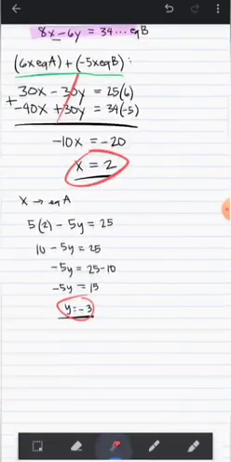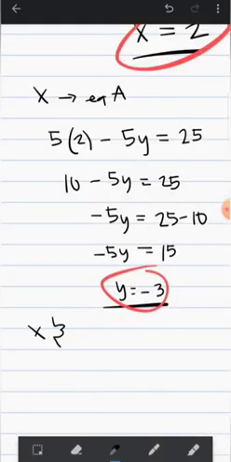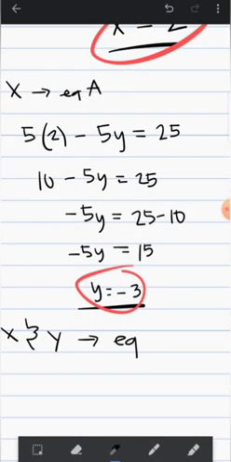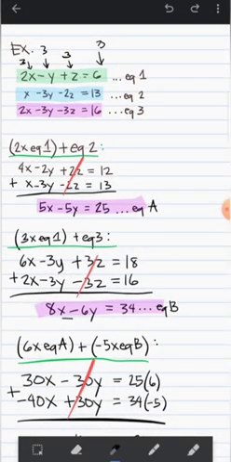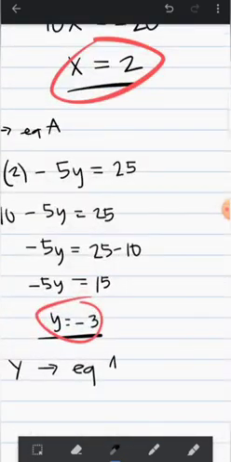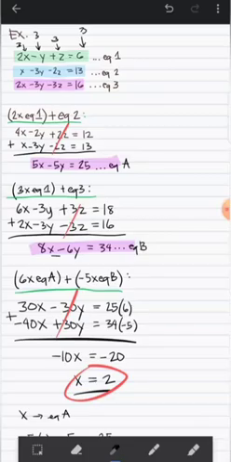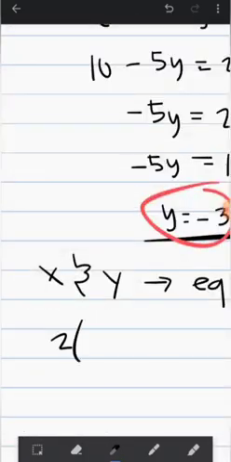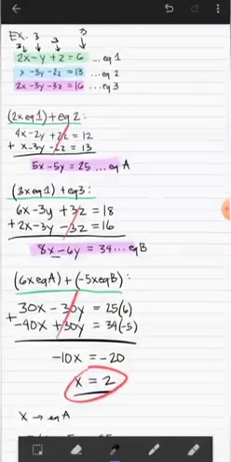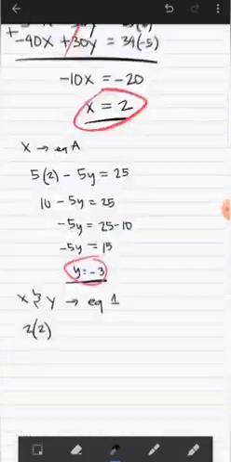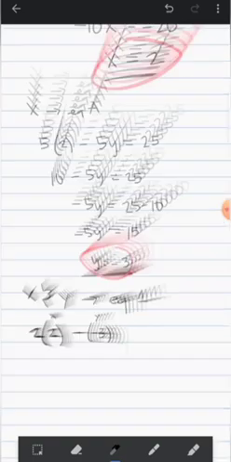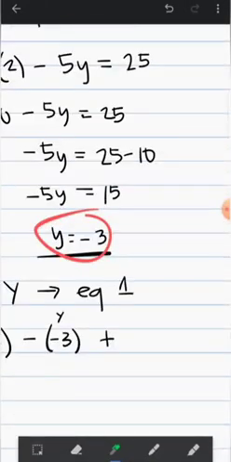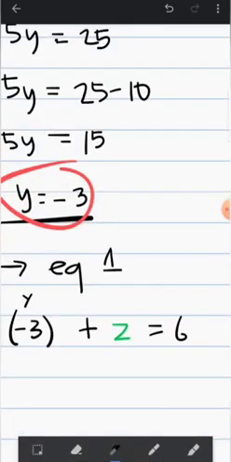And substituting x and y into either equation 1, 2, or 3, either of these. Let's pick equation 1. So, substituting that into equation 1, it will become 2 times 2, so 2x, where x is 2, and then minus y, which is minus negative 3. So, 2x minus y plus z, this is what we're looking for, equals 6.